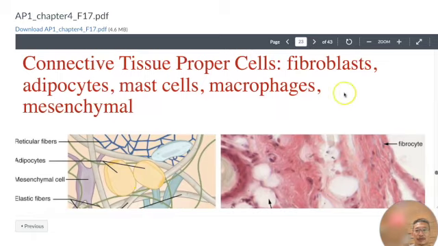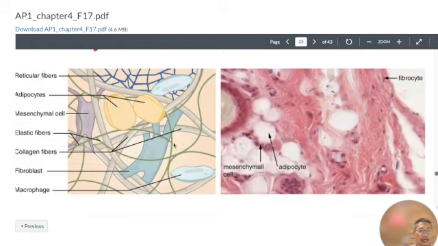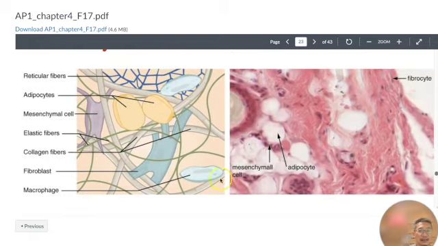Okay, so there's fibroblast, adipocyte, mast cell, macrophages, and mesenchymal inside all these. Adipose, if you look at it, it's a fat cell. Mesenchymal cells, macrophage right there, fibroblast, and reticular fiber. It looks like web.